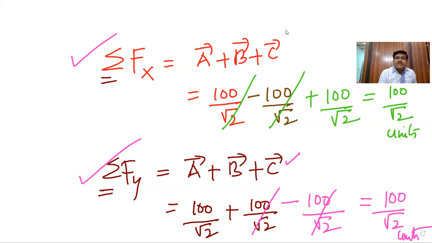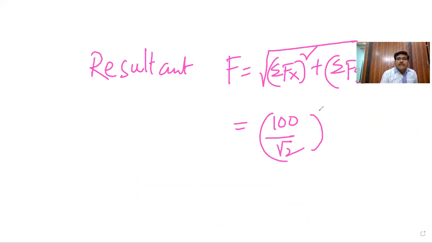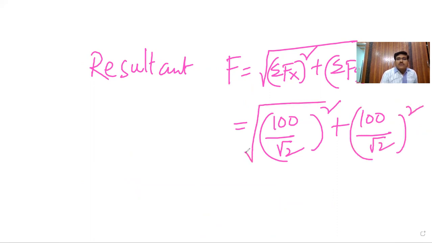Now, what is the resultant? The resultant F of all the vectors is the square root of sigma Fx squared plus sigma Fy squared. So 100 by root 2 squared plus 100 by root 2 squared, under root.